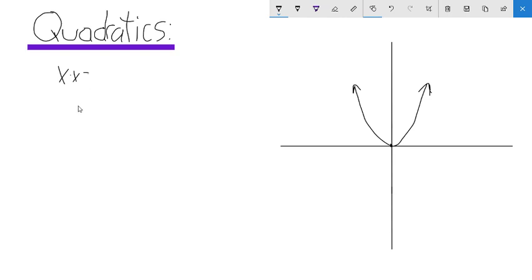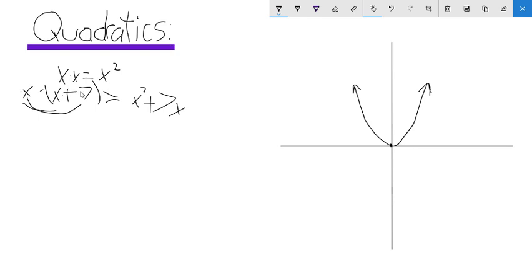So then, if we have x times x is x squared, then what is x plus 7 times x? That would be x times x and then x times 7. And so we have x squared plus 7x.